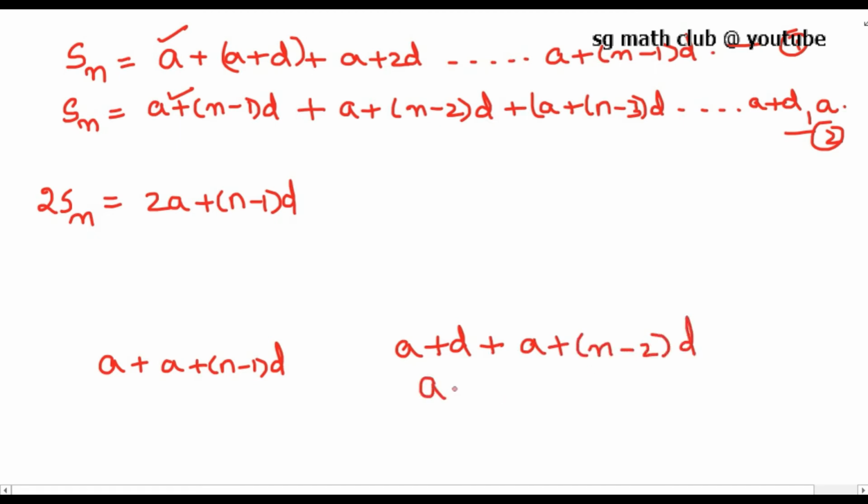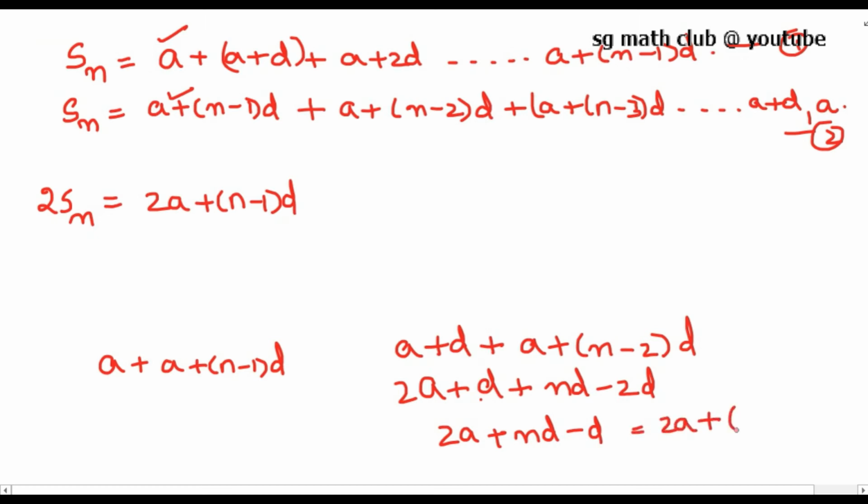That is a plus a is 2a, again d plus nd minus 2d. So 2a plus nd minus d, since d minus 2d is minus d. So this I can write again as 2a plus n minus 1 into d.